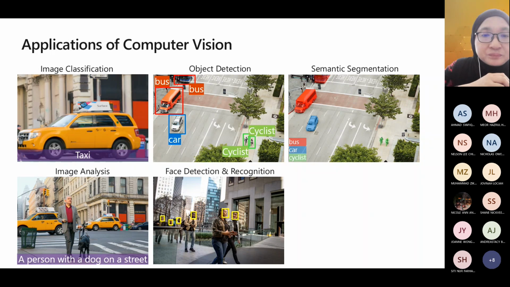So in this image, we have an example of a group of people with their faces highlighted. For example, in the airport, you have body temperature detection. Even in the shopping mall, it can trace your face.